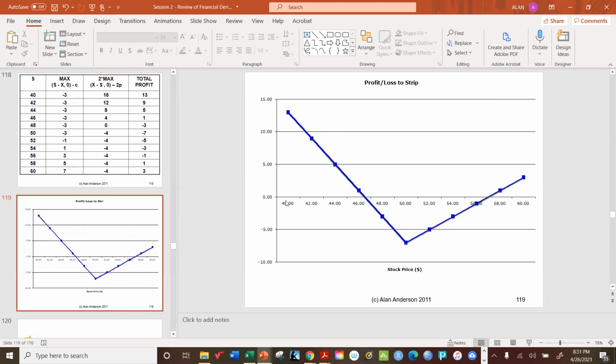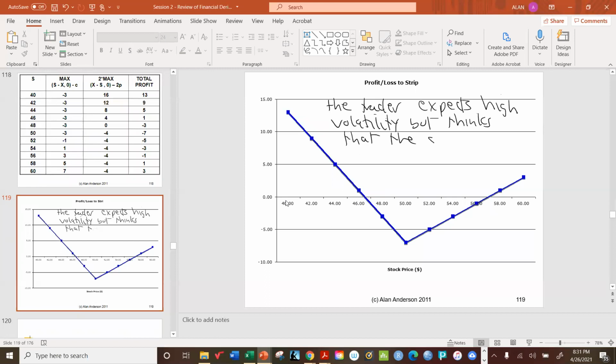But what's happening here is the trader expects volatility, or high volatility, but thinks that the stock is more likely to fall than to rise.